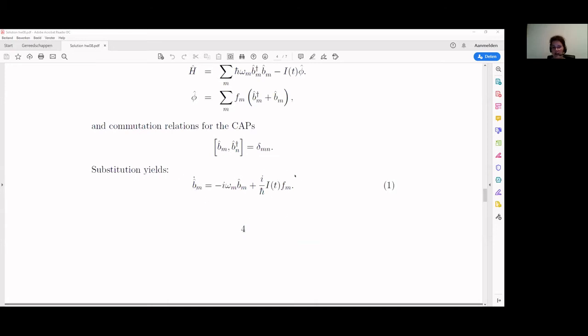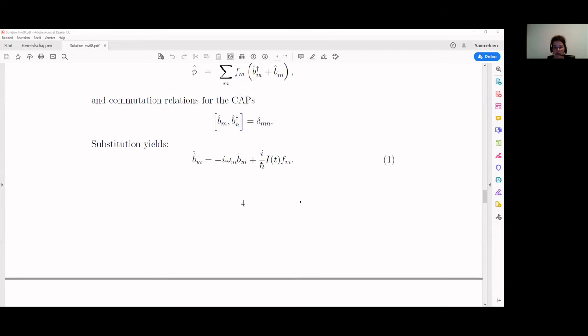And there is an analogous equation for Bm dagger. You just have to take the Hermitian conjugate on the left and on the right of this equation. So this is the equation of motion for the operator Bm, equation 1, numbered here.